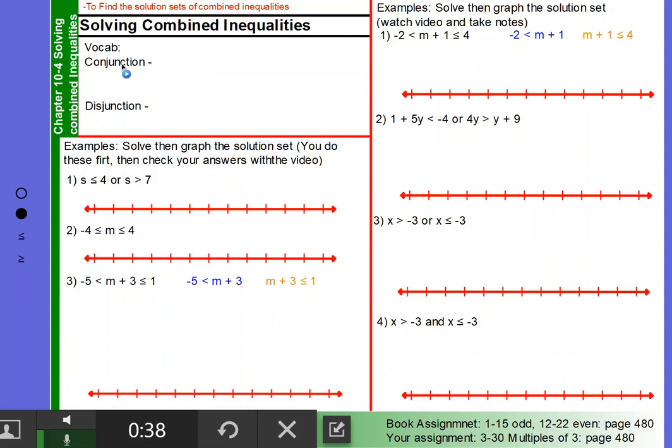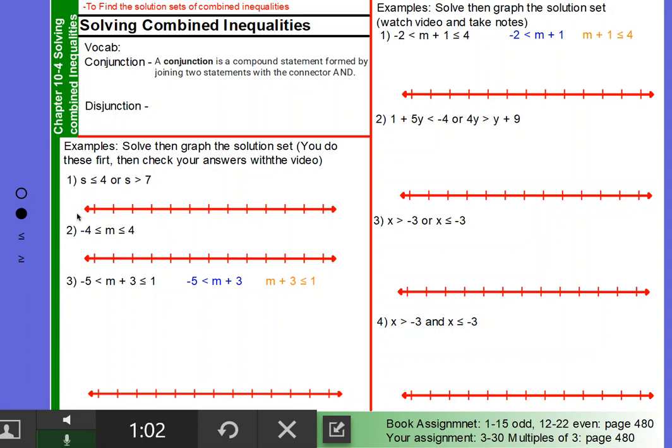We have conjunctions, and a conjunction is a compound statement formed by joining two statements with the connector and. But what does that really mean? That means that for a conjunction, you need to have two statements made true in order for it to work. And what does that look like in terms of math?